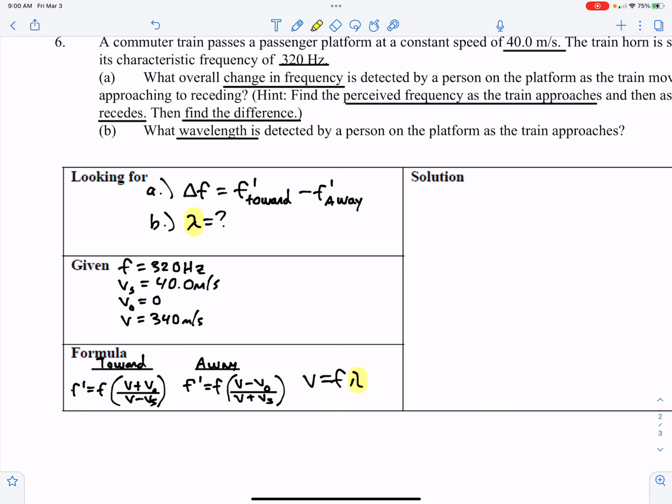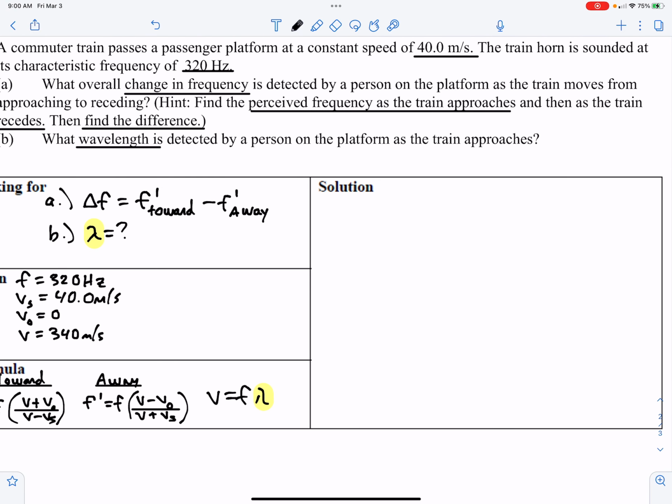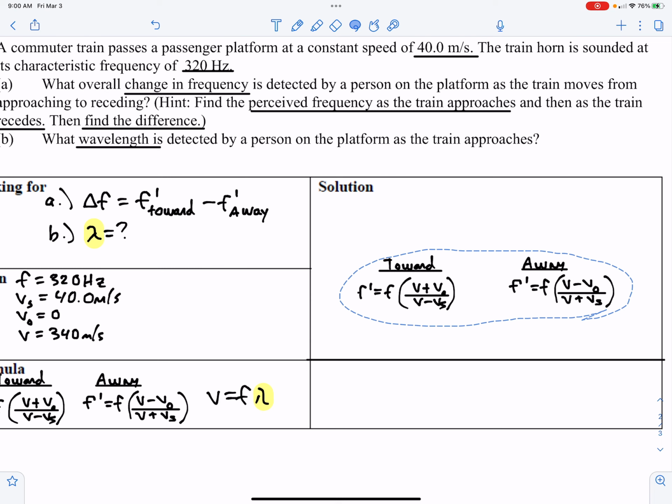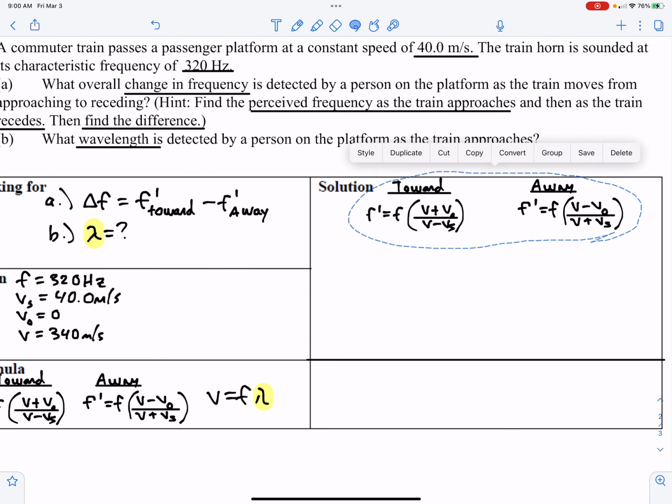Okay, let's go ahead, and now I'm going to divide this up a little differently here. I'm going to divide it up like this, roughly. Okay, and what I'm going to do is find the frequency coming toward you, the observed frequency going away from you, and then we'll subtract the two.